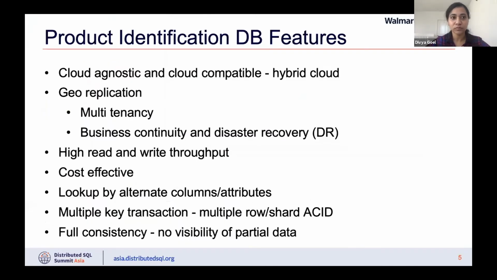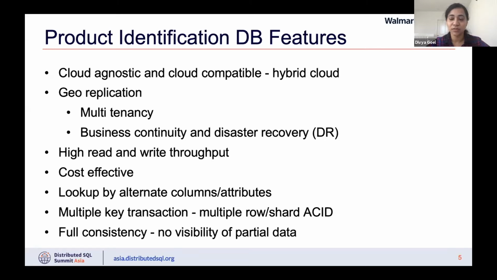Yeah. So the key DB features for the product identification service that are important for us are cloud agnostic, cloud compatible. We were looking for something that could deploy in various clouds, different cloud providers. We could use a hybrid cloud, a combination of a private plus a public cloud. So the solution has to be cloud agnostic.